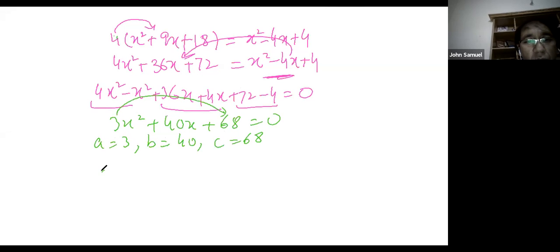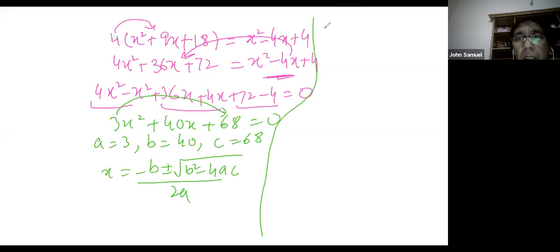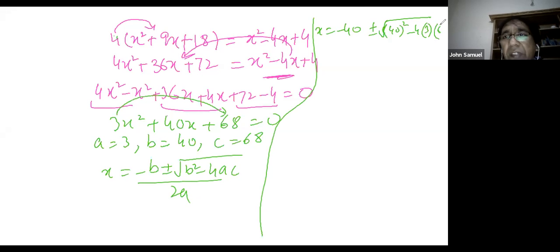So x is equal to minus b plus minus under radical b square minus 4ac over 2a. x is equal to minus 40 plus minus under radical 40 square minus 4 into 3 into 68 over 2 into 3.